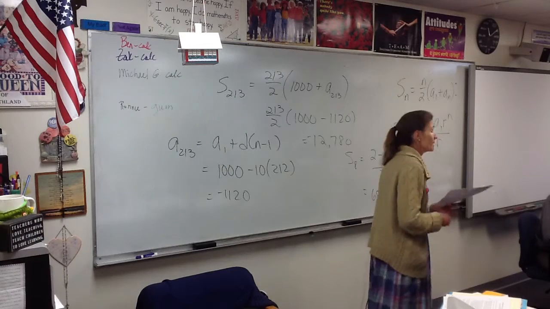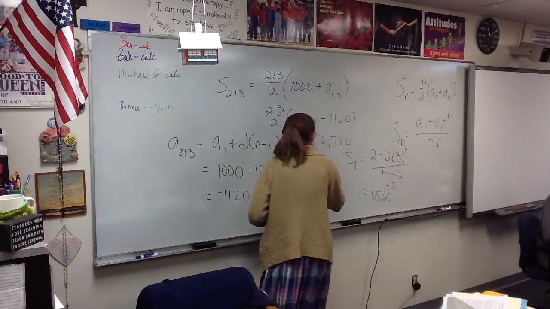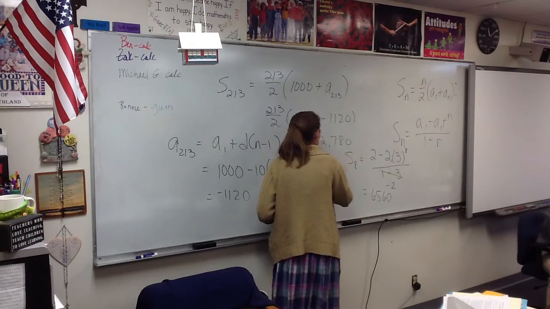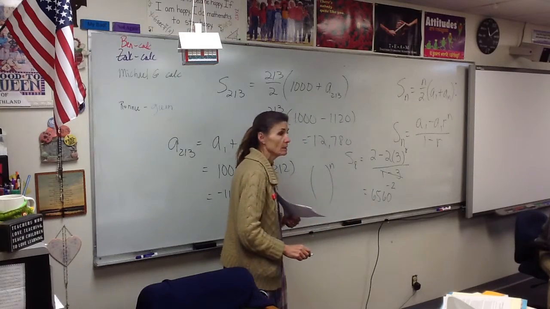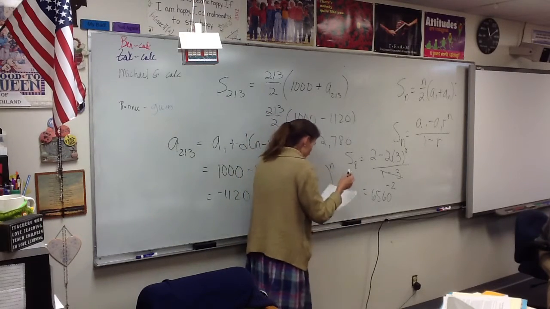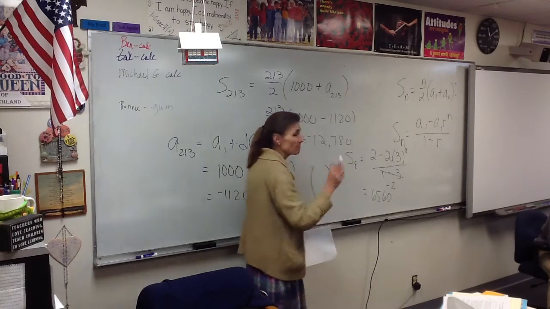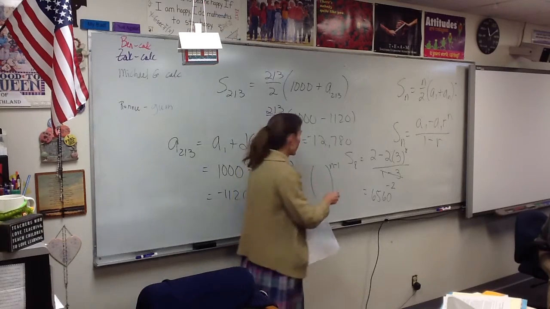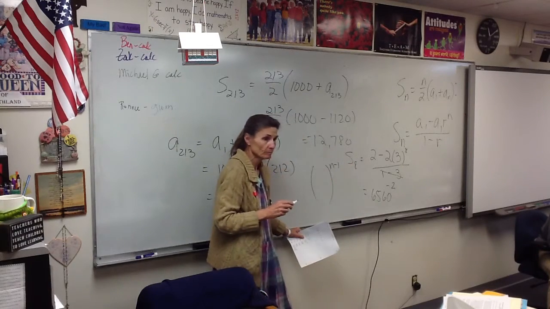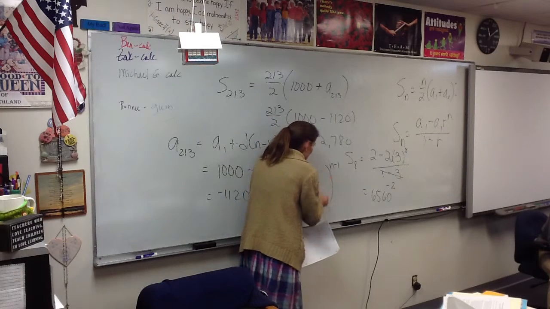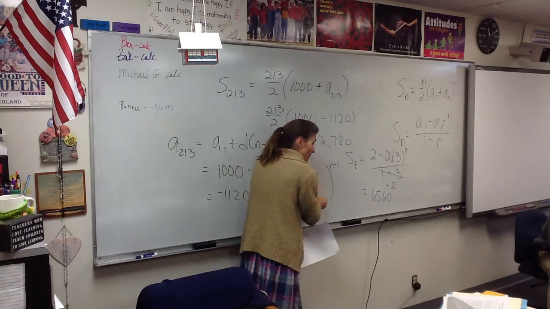Kids, when you have a fraction raised to a power, and I don't care what the power is, it can be n minus 1, it can be n plus 1, it can be 4n, that's not important. What's important is the size of this number.